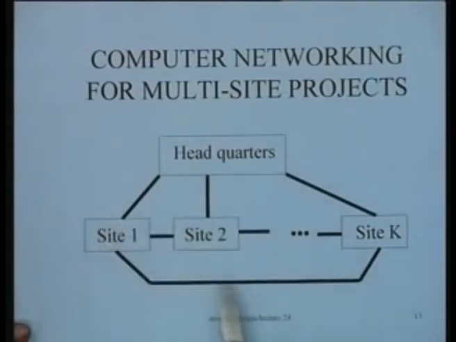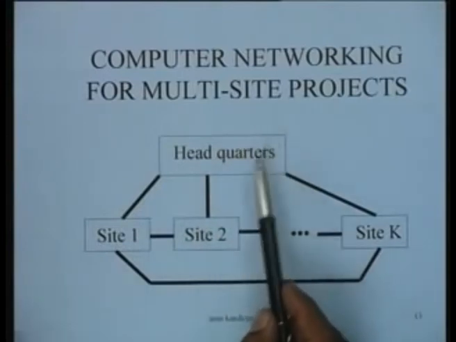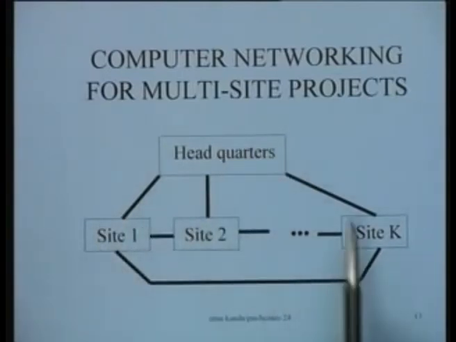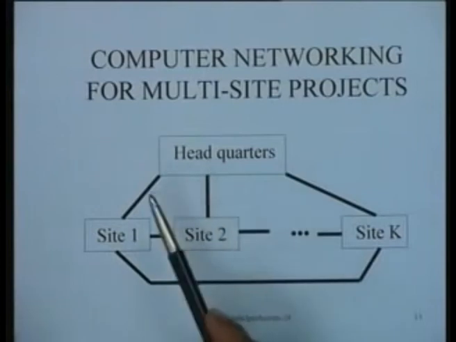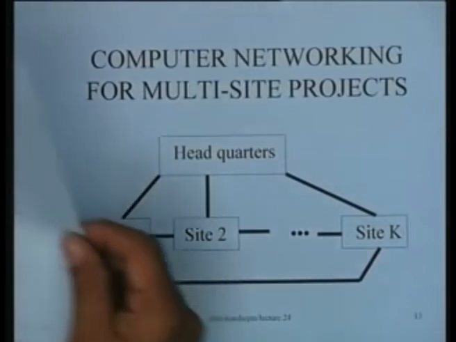This kind of a thing has become very popular, and both the software and the availability of the computer network which is connecting all these has made this kind of multi-site project management not only a reality but a big success. Because what can happen is that you can exploit the advantages of the individual sites, cheap labor in one place, more technology available in another place, and so on, and then network and then get this kind of thing available.